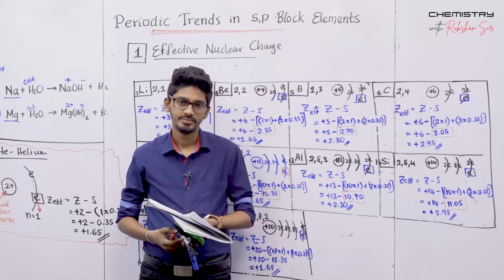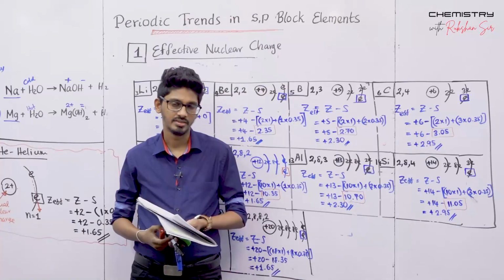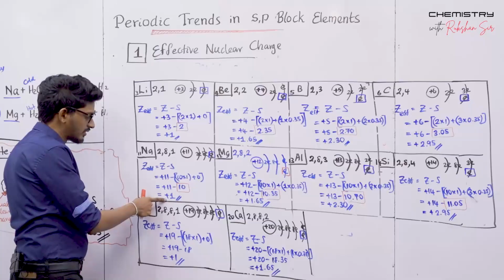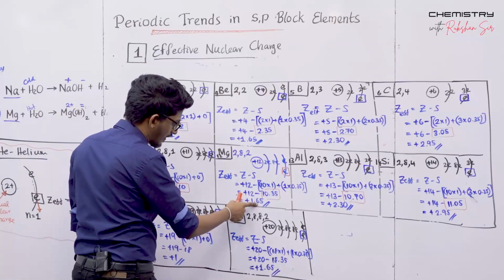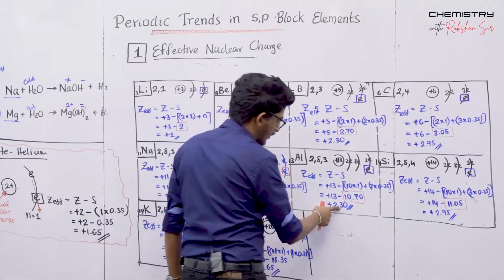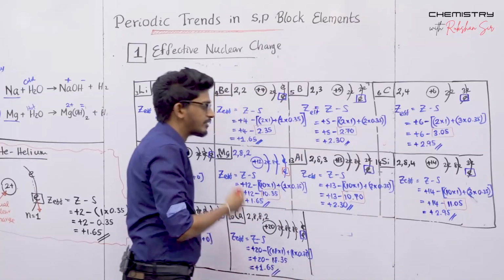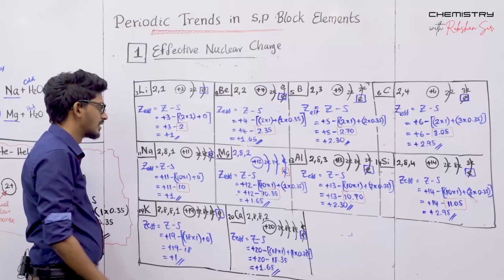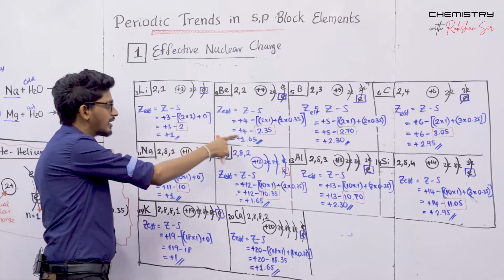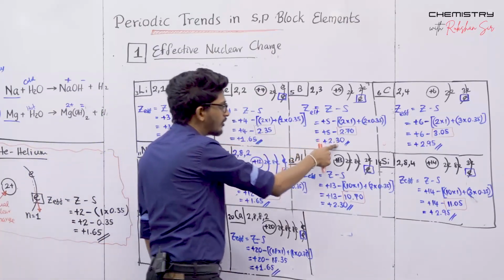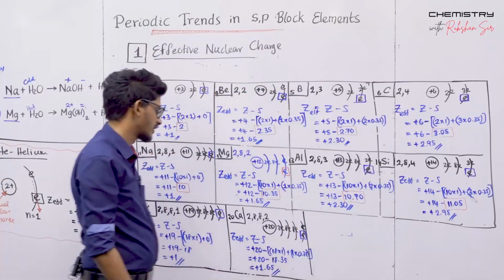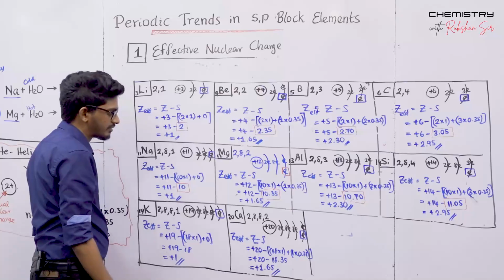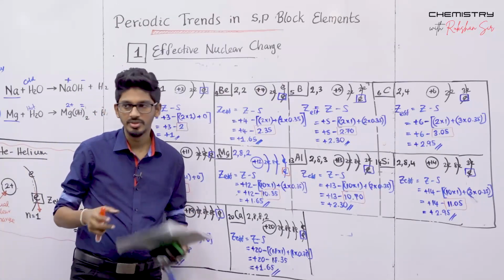Effective nuclear charge increases. See what happens here? You start with 1 plus, 1.65 plus, 2.3 plus, 2.9. Nuclear charge increases, actually by 0.65 units. Going towards right, it increases by 0.65 units. You clearly see that, from plus 1 to plus 1.65.